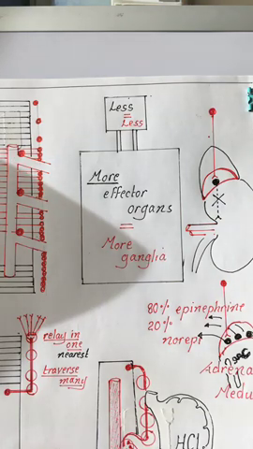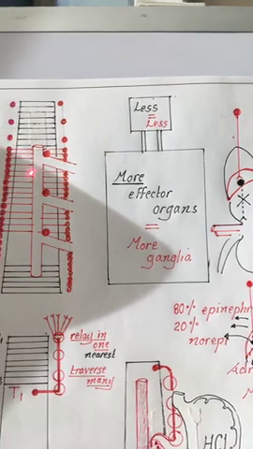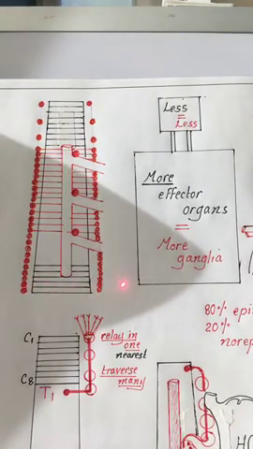There are 2 ganglia on each side of every spinal segment. But only 3 pairs of cervical ganglia: superior, middle, and inferior. In the cervical region, we have 8 cervical segments, yet we have only 3 pairs of cervical ganglia.